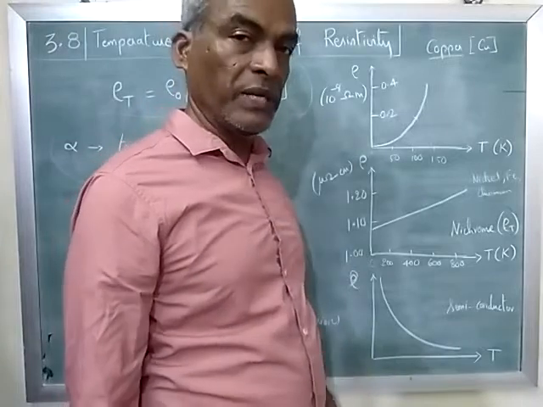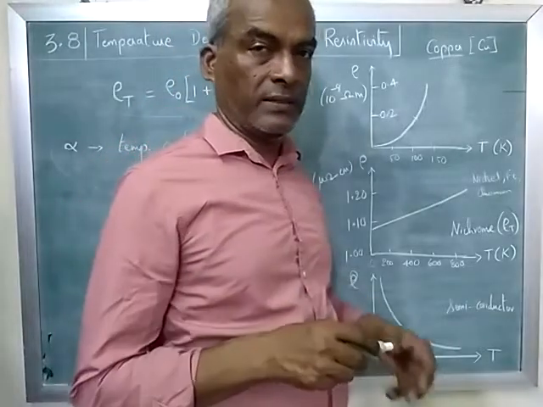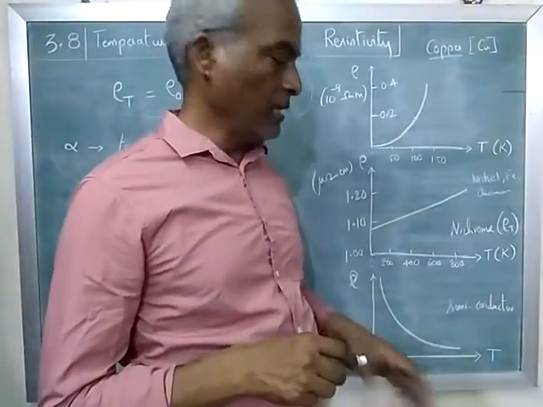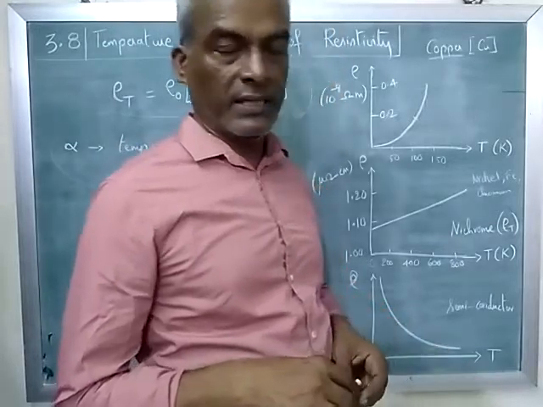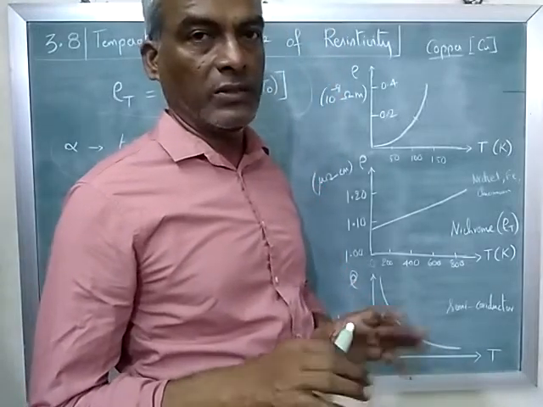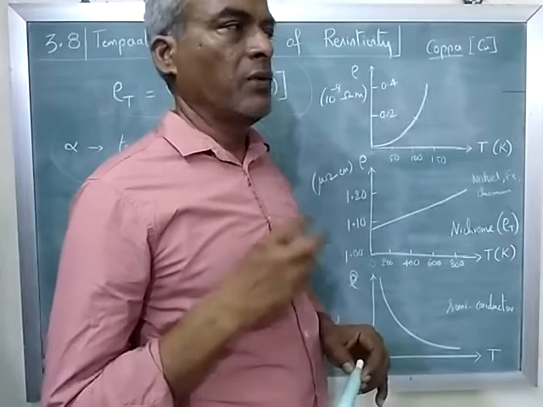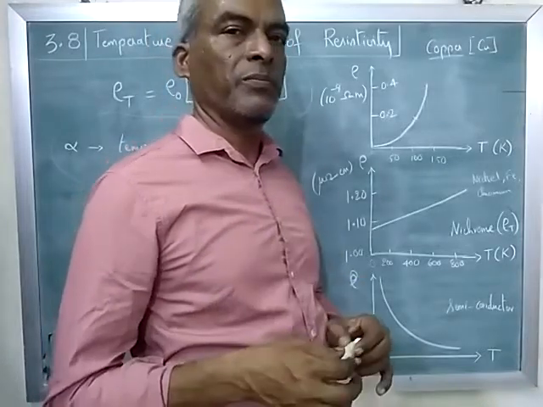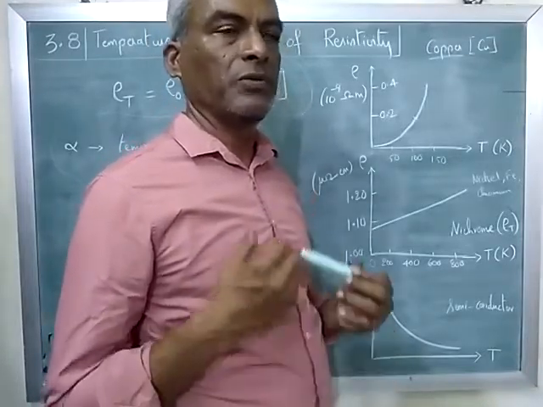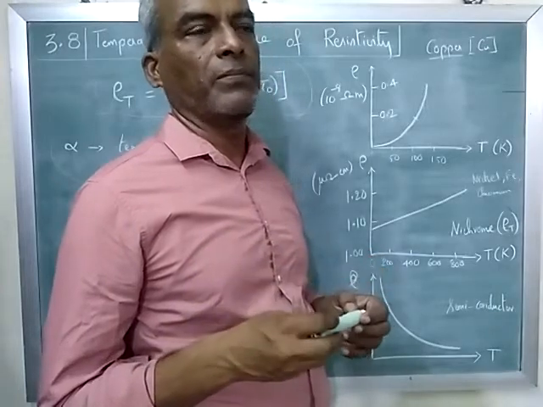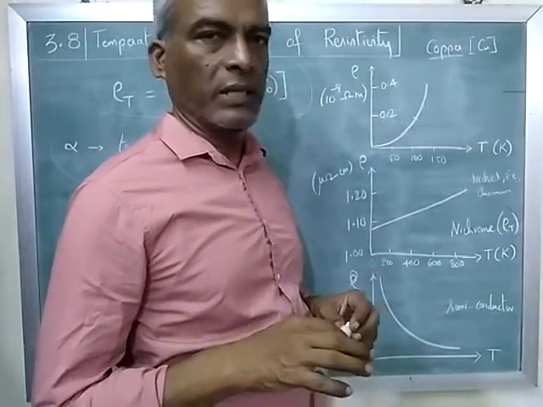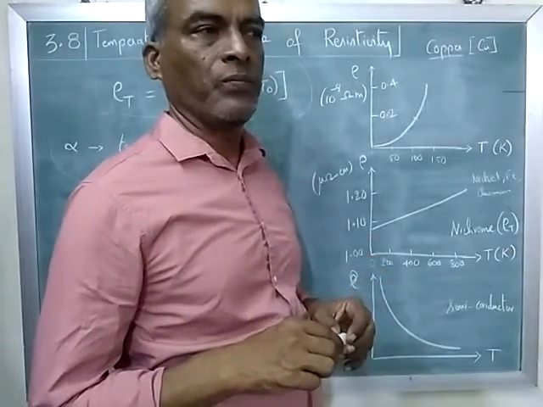Resistivity decreases means conductivity increases. That means when temperature increases, conductivity also increases. Therefore, electronic parts made up of silicon or germanium very soon get heated up and it will spoil the electronic devices.